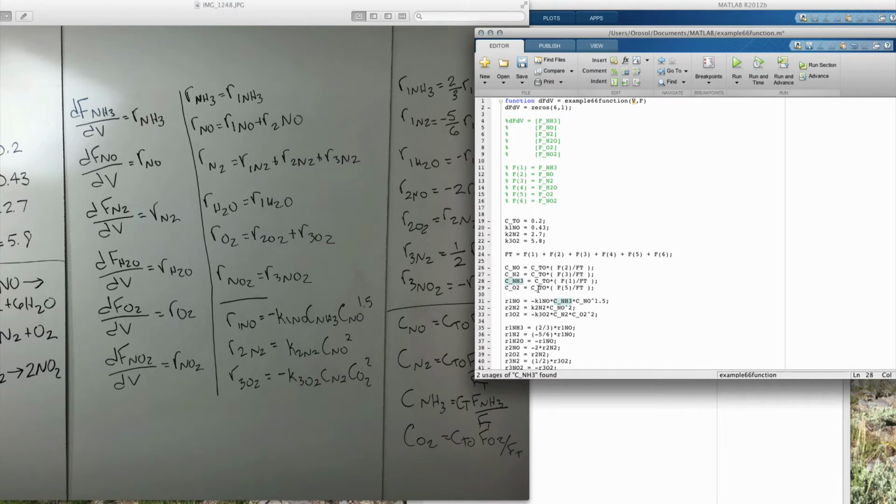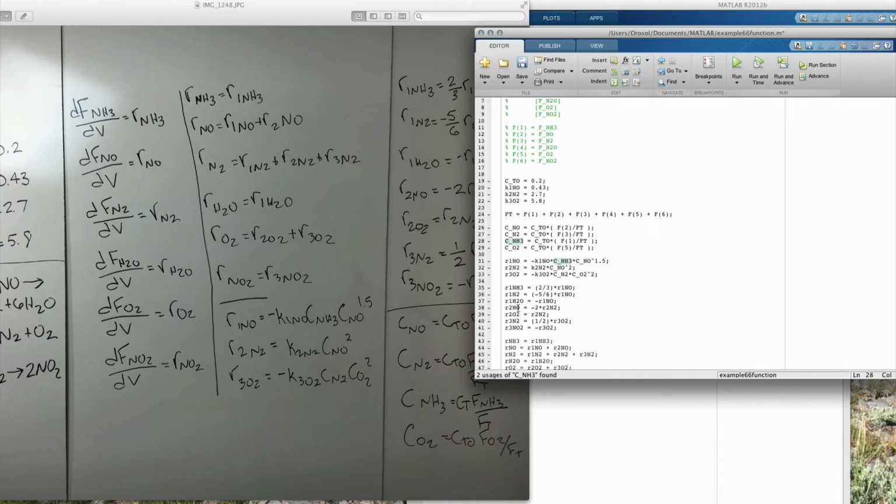CNH3 is equal to CT0 multiplied by FNH3 divided by FT, and CO2 is equal to CT0 multiplied by F5, which is FO2, divided by FT.